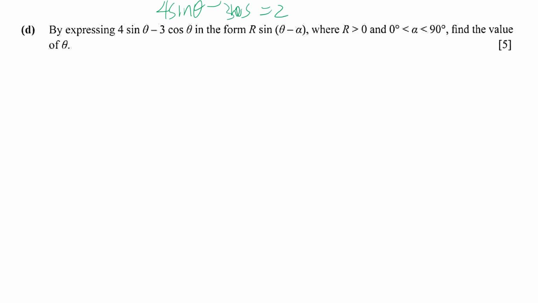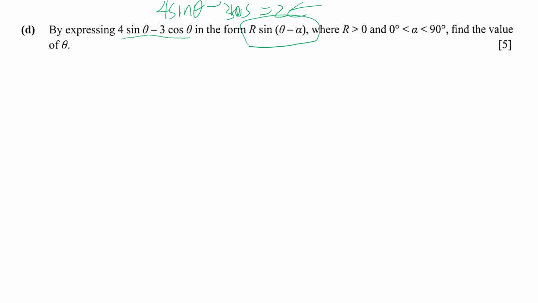So basically, we're asked to solve this equation. But to help us solve this equation, we express 4 sine theta minus 3 cos theta in the R formula, equals 2, and then we're going to find the values of theta.